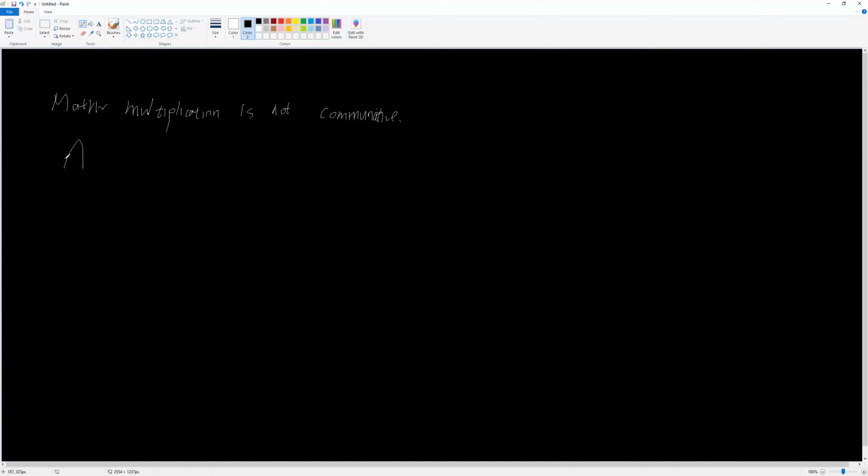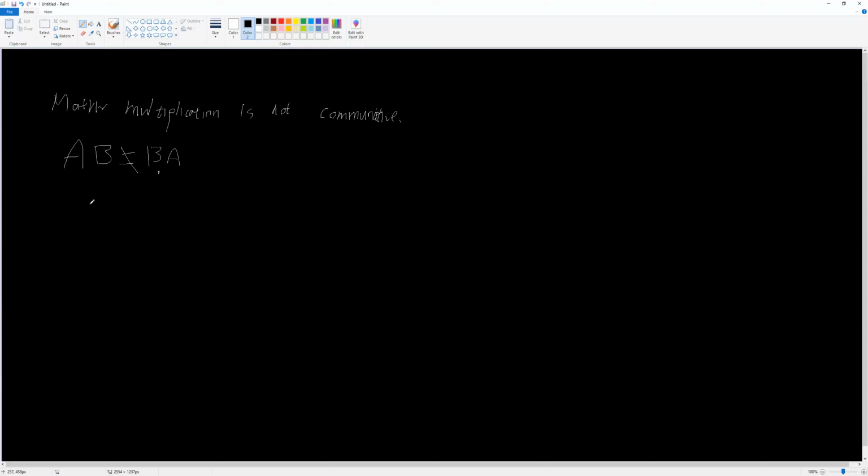Meaning matrix A times B does not necessarily equal B times A, right? Because A times B might be true when their sizes match, but if you flip over, the sizes do not have to match. If you look at our previous example, that's the case.